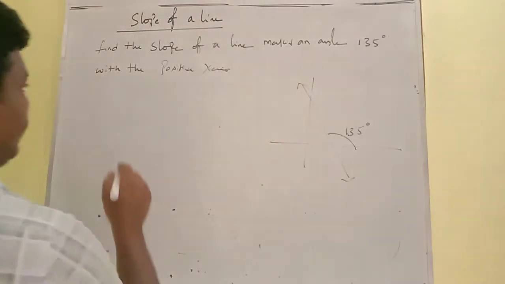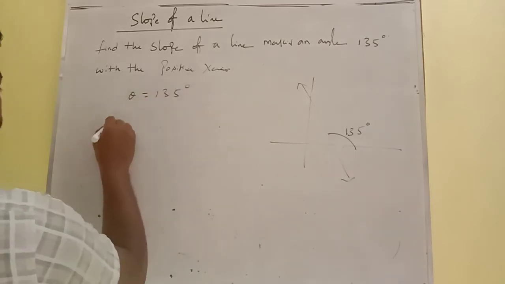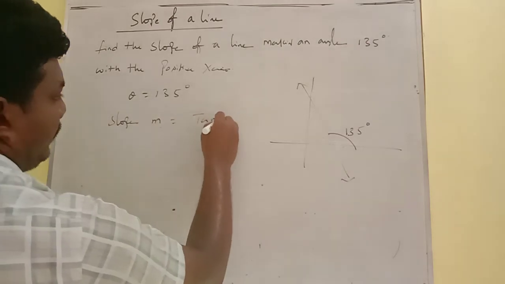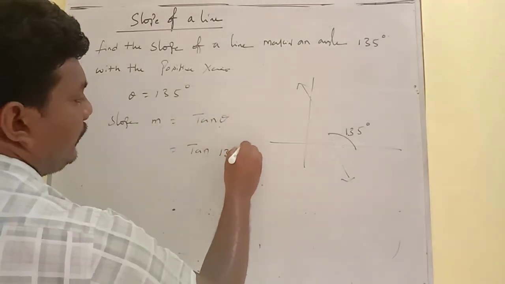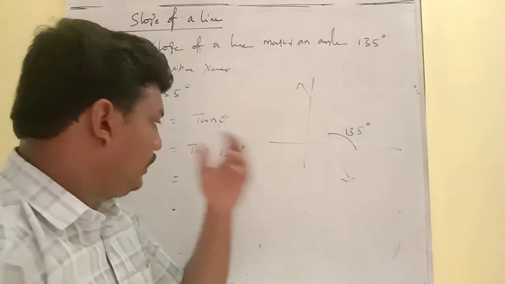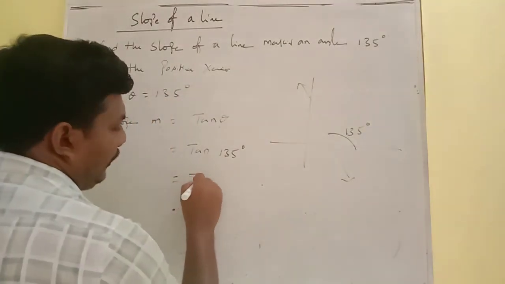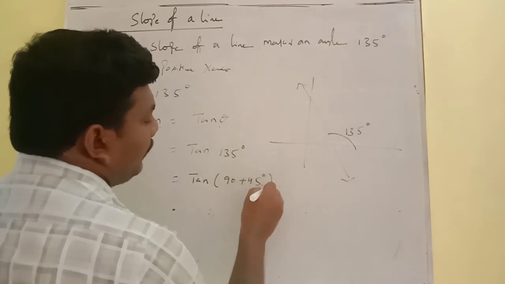We know that theta is equal to 135 degrees. Slope m is equal to tan theta, so this is tan 135 degrees. What is tan 135 degrees? We don't know it directly, that's the reason I have taken tan of 90 plus 45 degrees.